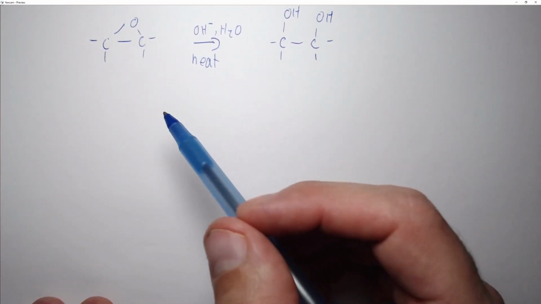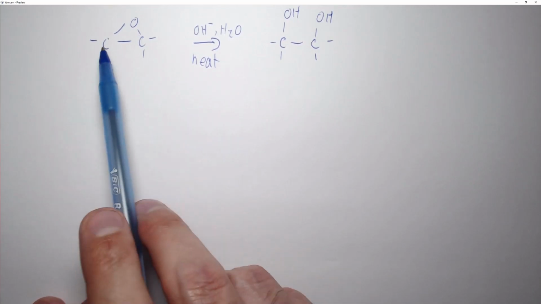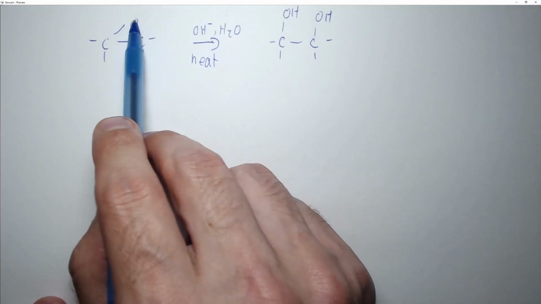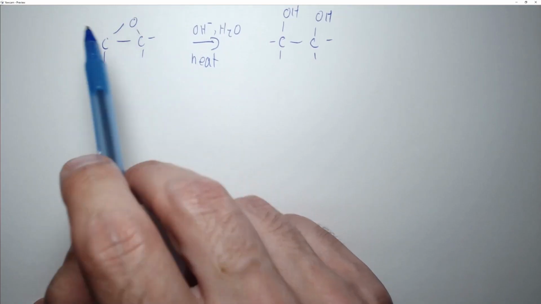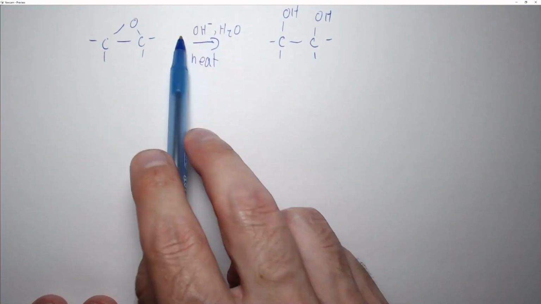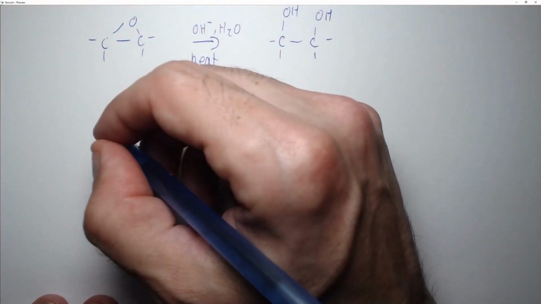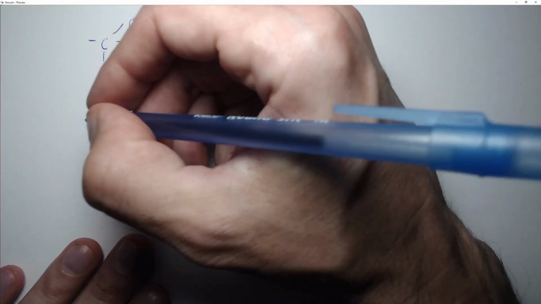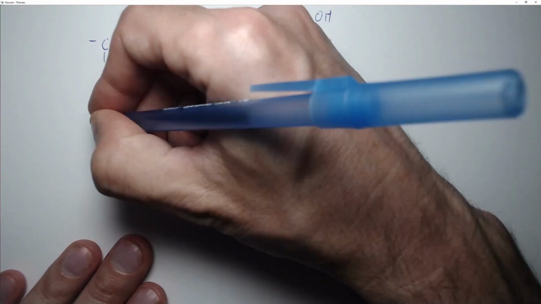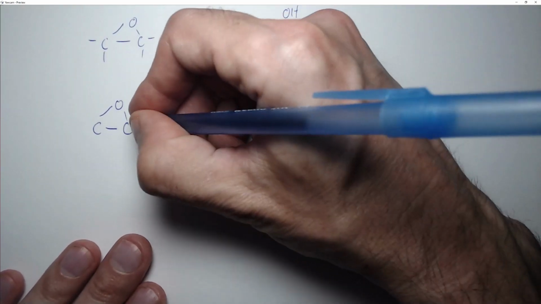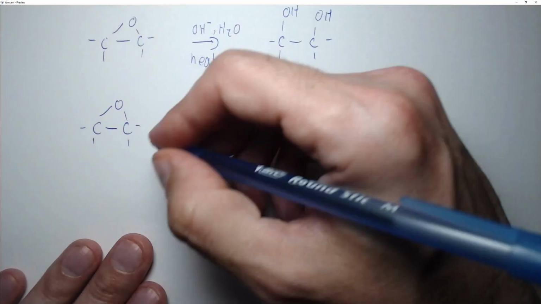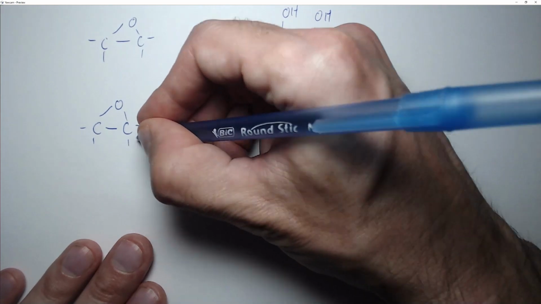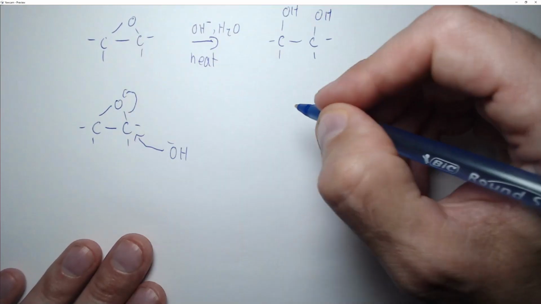So in this case, what we need to be aware of is how this is going. If you remember in the acid case, the acid would first protonate and then the water would attack. In the case of the base, we have a good nucleophile here, better than water, so it goes the opposite way. Let's take an example here. If we have this bonded to an O, like so, and we attack with OH minus, this comes in here, and this bond breaks.